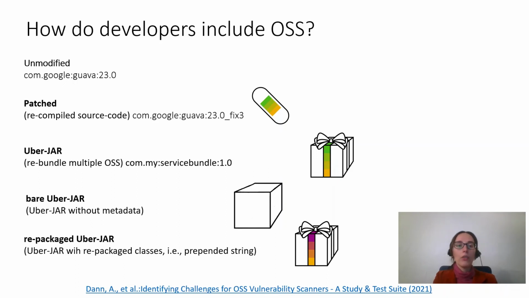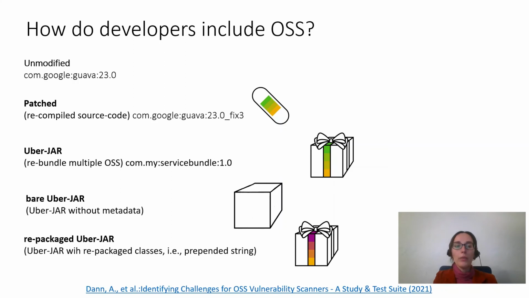In the case of patched components, the source code is recompiled, usually because of some code changes like backporting a fix. And then the Maven coordinate is modified usually by adding a suffix to the version, like version 23.0 underscore fix 3. Then we have Uber jars, where multiple open source components are bundled together, and it usually gets a new Maven identifier, like com.myServiceBundle 1.0.